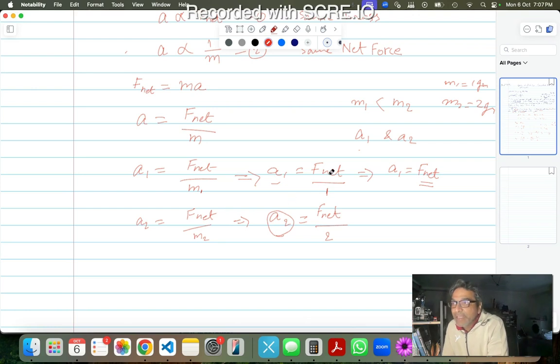So that means when the mass is low, the acceleration is more. That's what inversely proportional means. So it is opposite. If we increase the mass, acceleration will decrease. If we decrease the mass, acceleration will increase. That's the inverse. So if m1 is less than m2, that means a1 is greater than a2.